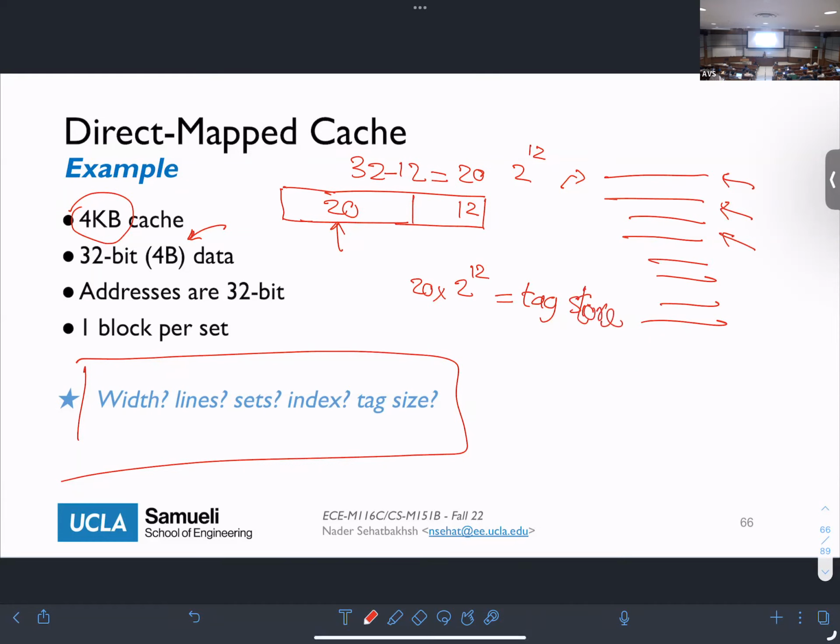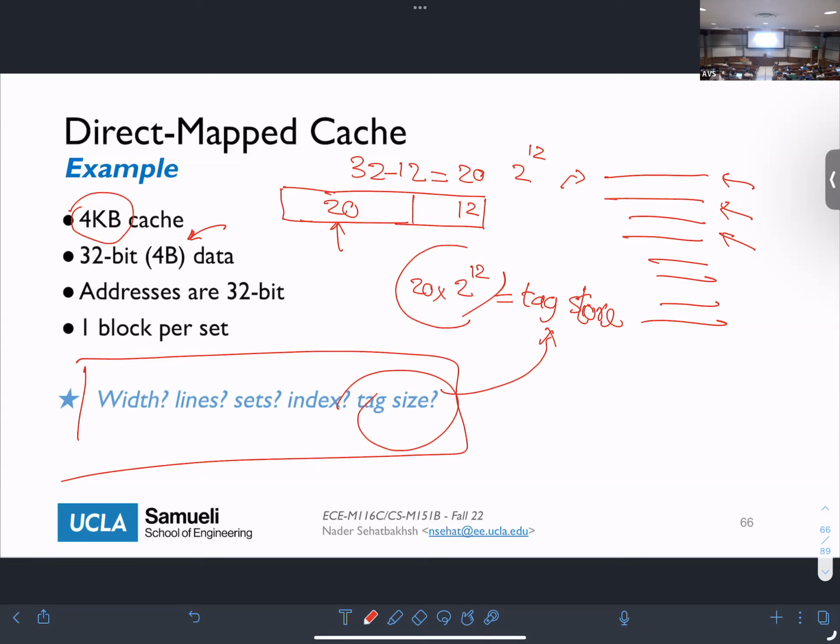I have 2 to the power of 12 entries, and for each entry I need 20 bits for my tag, so I need 20 times 2 to the power of 12. That is just for storing my tags. So the tag store is this many bits. Is that clear?